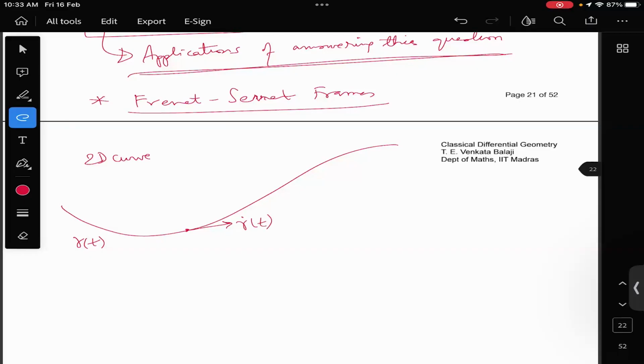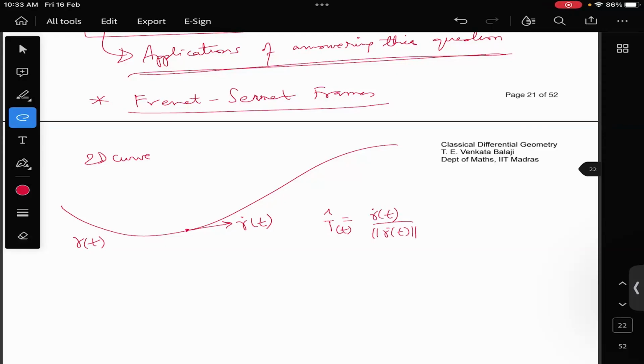Let me use T cap at t, the unit vector, which is gamma dot(t) by norm of gamma dot(t).